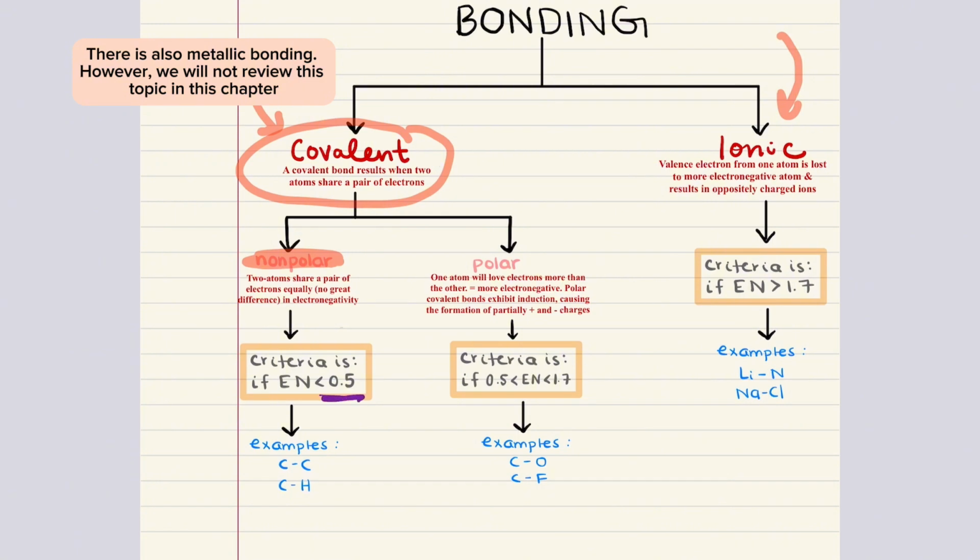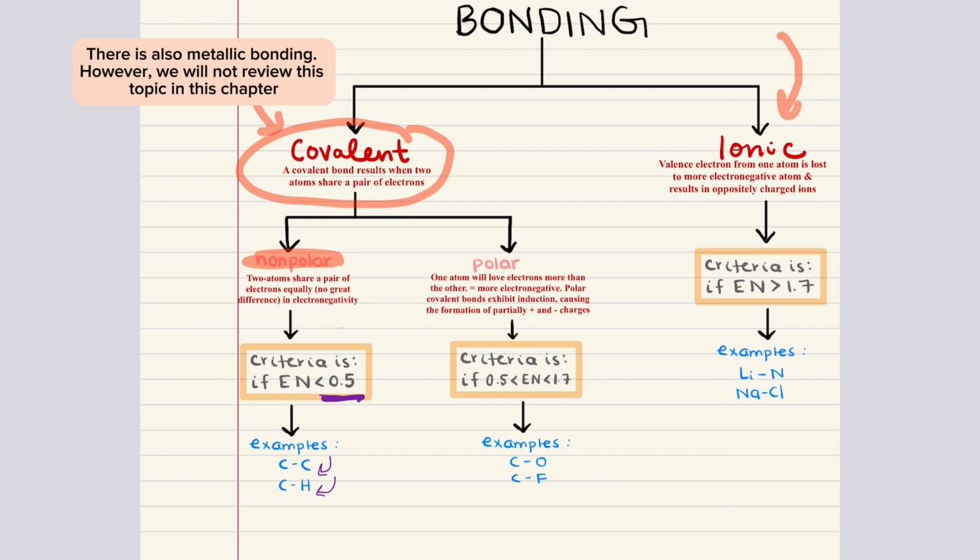Some examples are carbon bonded to hydrogen and carbon bonded to carbon. Actually, for any atom bonded to a similar atom, so carbon with carbon or oxygen with oxygen, the electronegativity difference between those 2 atoms is going to be 0. So those kinds of bonds are nonpolar covalent bonds.